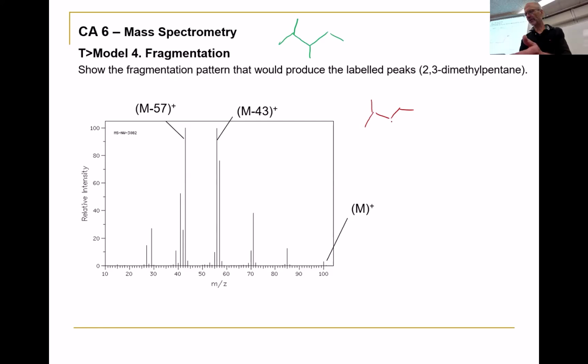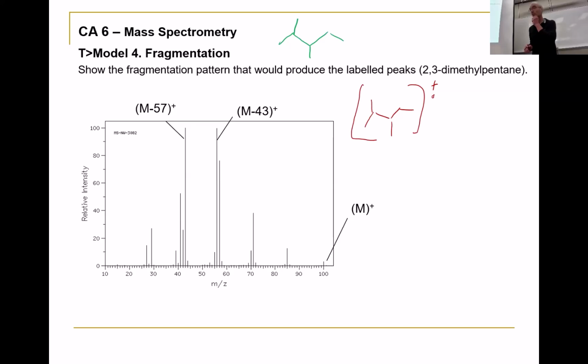Again, I hope that you're starting off with your radical cation. And in this case, we can start off with the same radical cation and maybe have arrows going in two different directions. And just for the record, we do have an m minus 15 here.